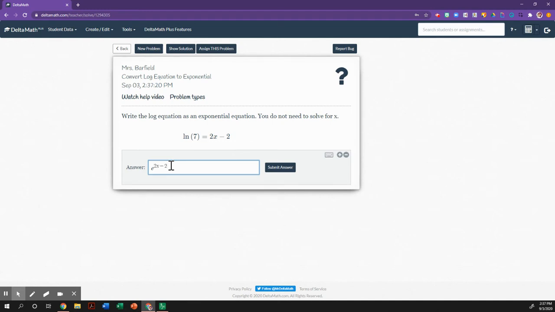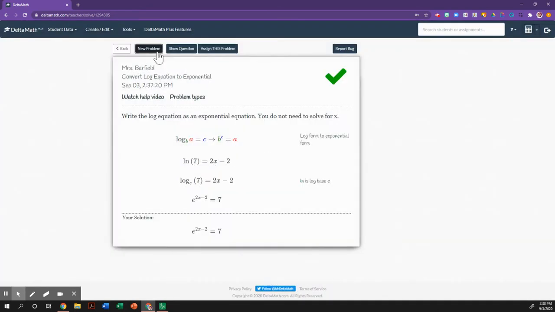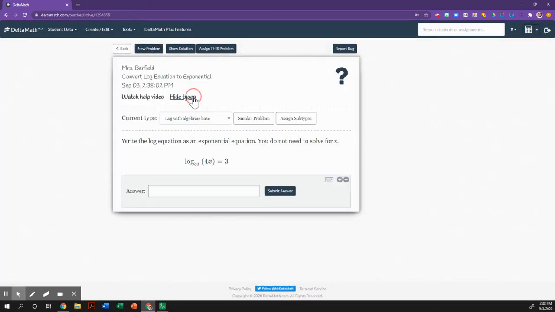So that whole statement is in the exponent, equals 7. So e is the base, 2x minus 2 equals 7. Submit my answer. Yes. All right.